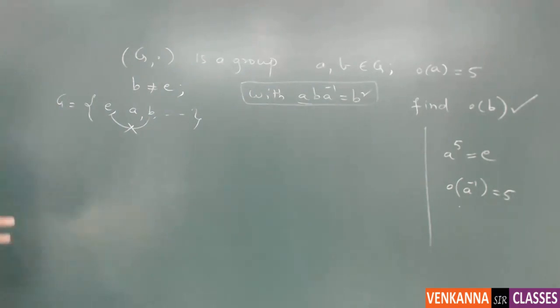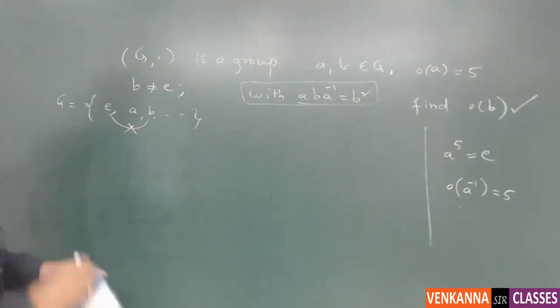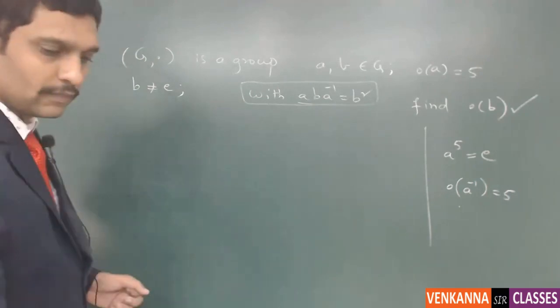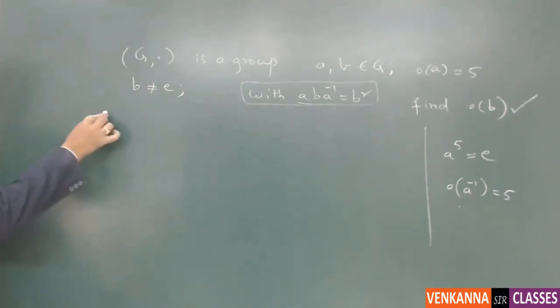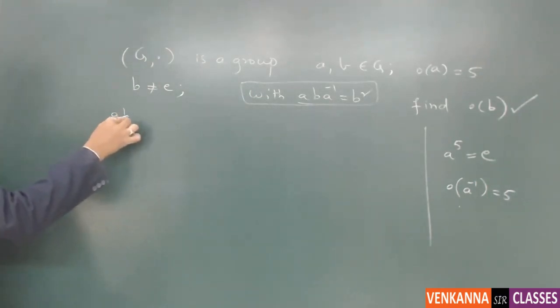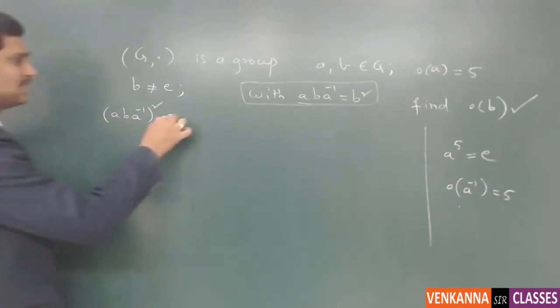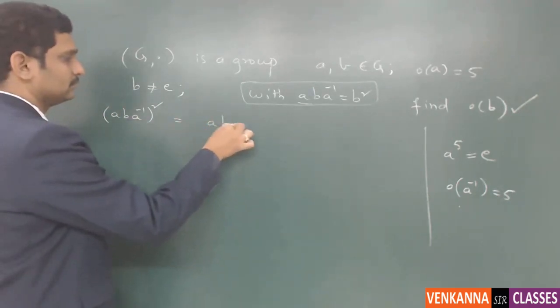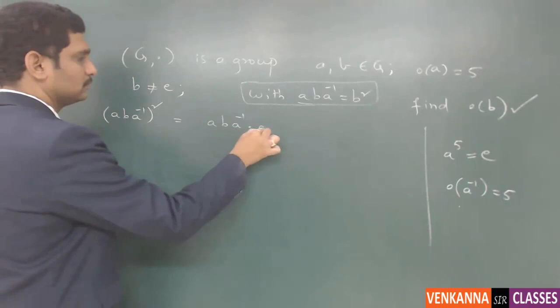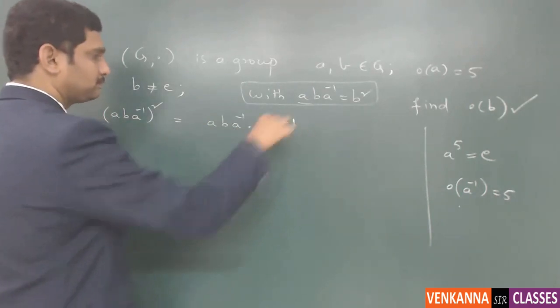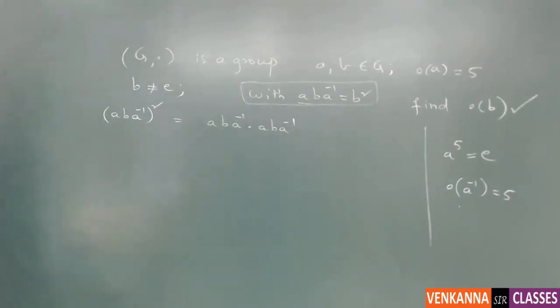Now I am going to do the part. Please observe. First of all, I am going to consider A B A inverse whole square. So this is nothing but A B A inverse into A B A inverse.